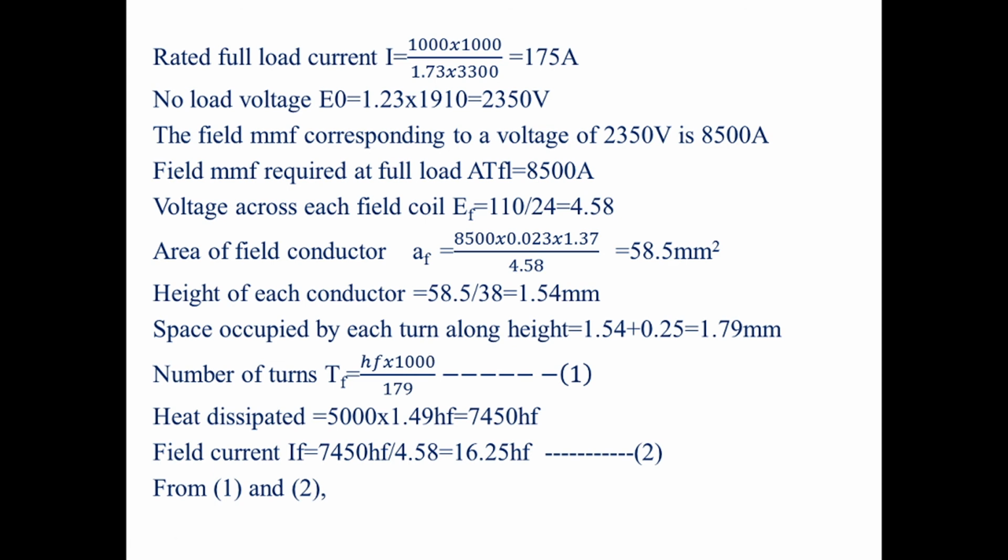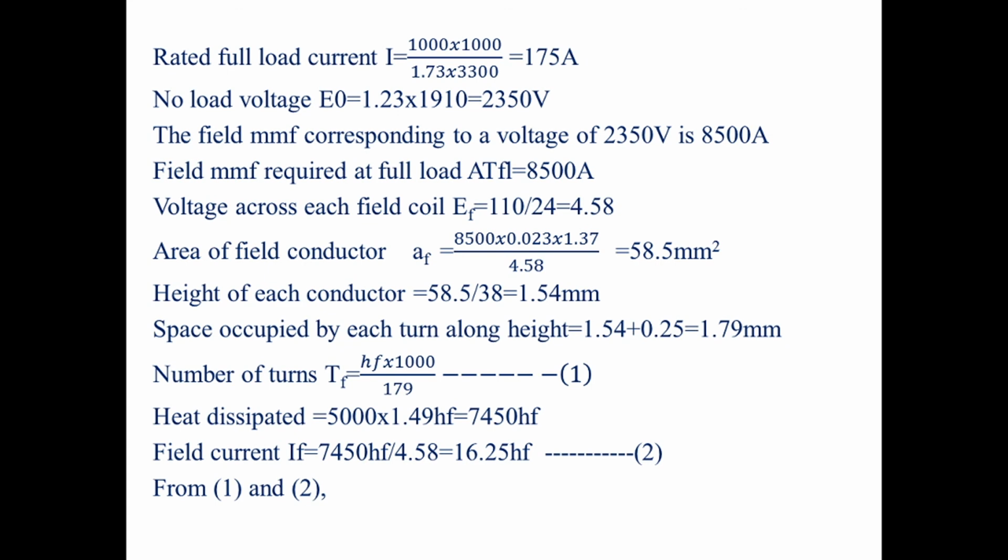Now heat dissipated is 5000 watt per meter square. So heat dissipated is 5000 into 1.49 HF, correct. So we will be getting 7450 HF.